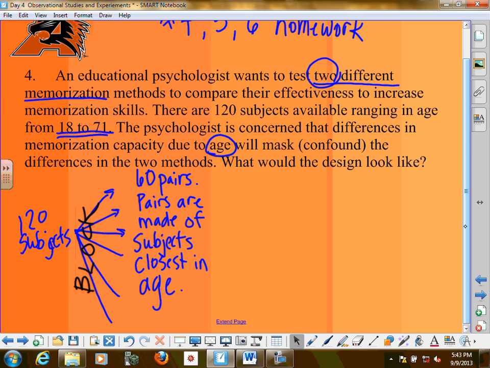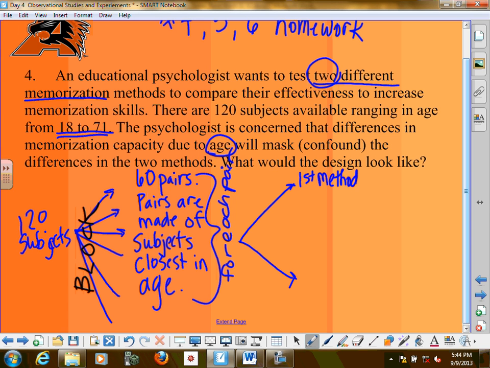So once I have 60 pairs, then what do I do? For each pair, one of them gets the first method, and the other one gets the second method of memorization. Okay? What are you going to put right here where these lines are?